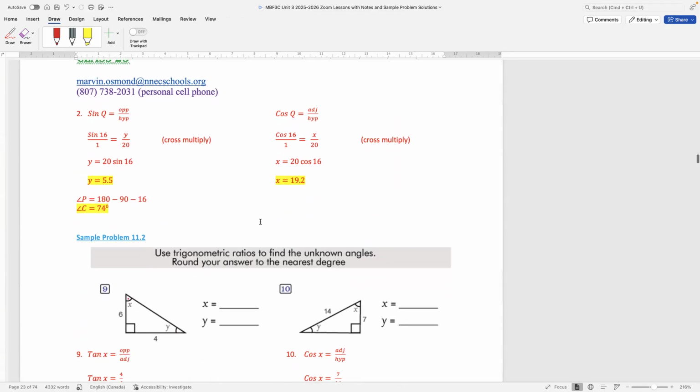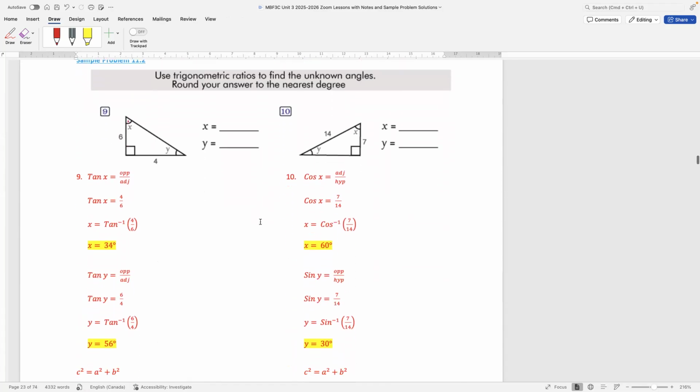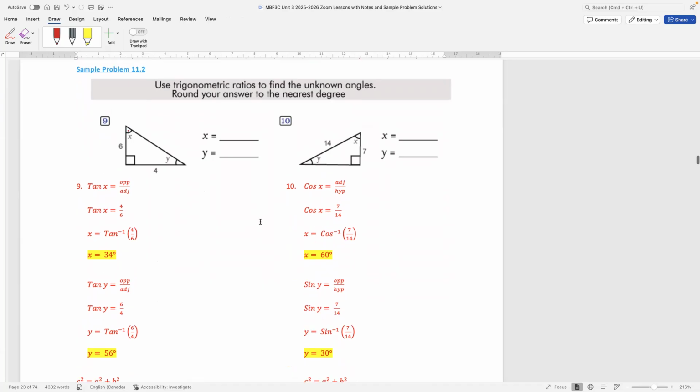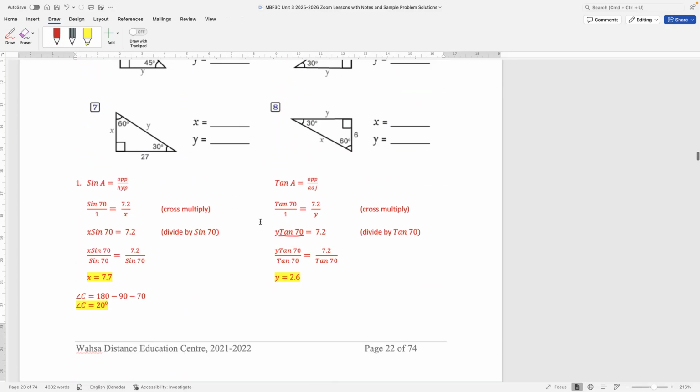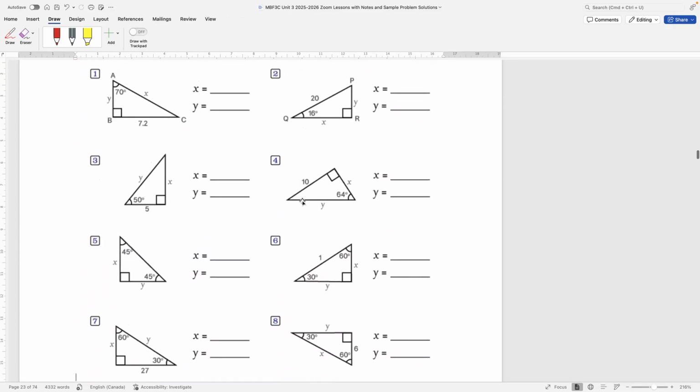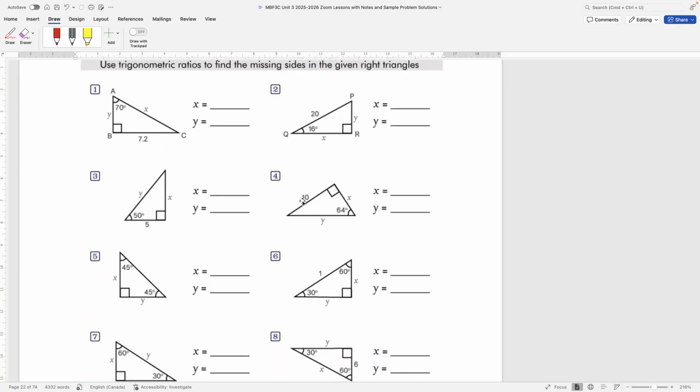So let's do one now where you have to find the measure of an angle. All the ones up above can be done the same way. I'm going to leave the rest for you if you want some extra practice. I just love doing this stuff, but I don't want to do them all online because it's going to take too much time.